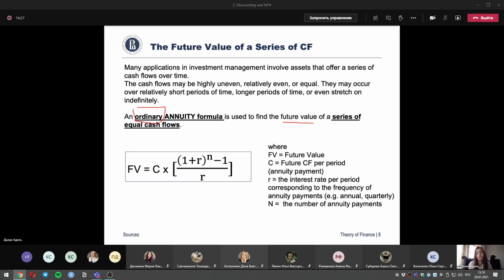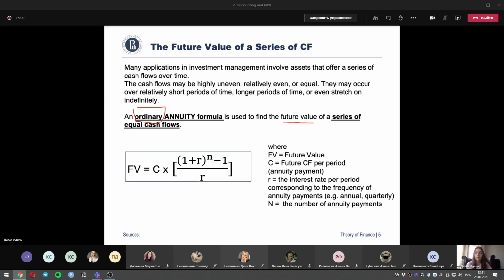If you don't want to learn this formula, but you want to know how it was derived, in your textbook or in some supplementary materials you can easily find how from this geometric sequence of payments we can transform it to this shortcut formula.